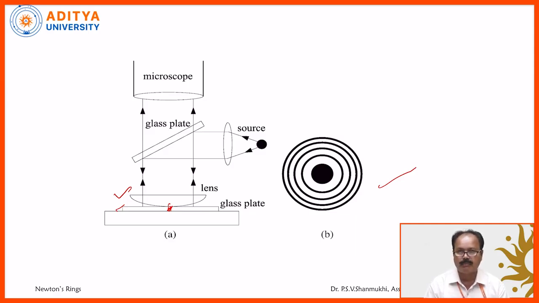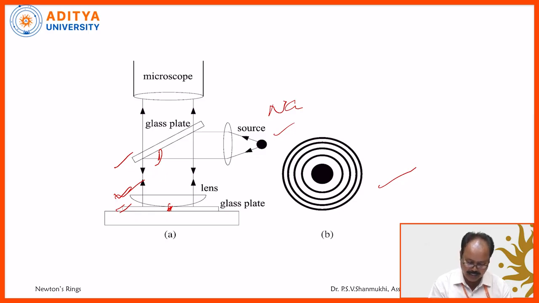Coming to the experimental arrangement, a plano-convex lens is kept on the plain glass plate, and here the light source used is the sodium light. Sodium light is monochromatic light. From the sodium light, the extended beams will be incident on a plain glass, which is kept at 45 degrees with the horizontal plane.